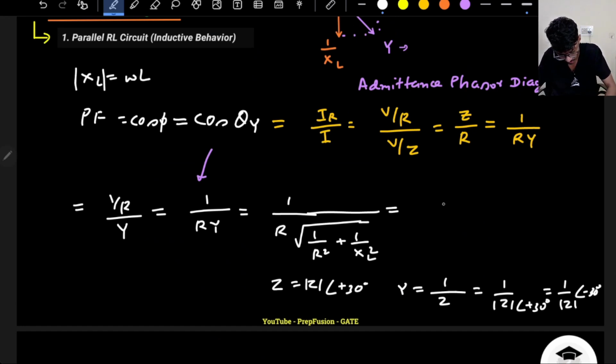So it is omega into L. If R goes inside, XL can go there, so it will be omega L divided by, plus, if R goes inside, this will cancel out, this will be R square.